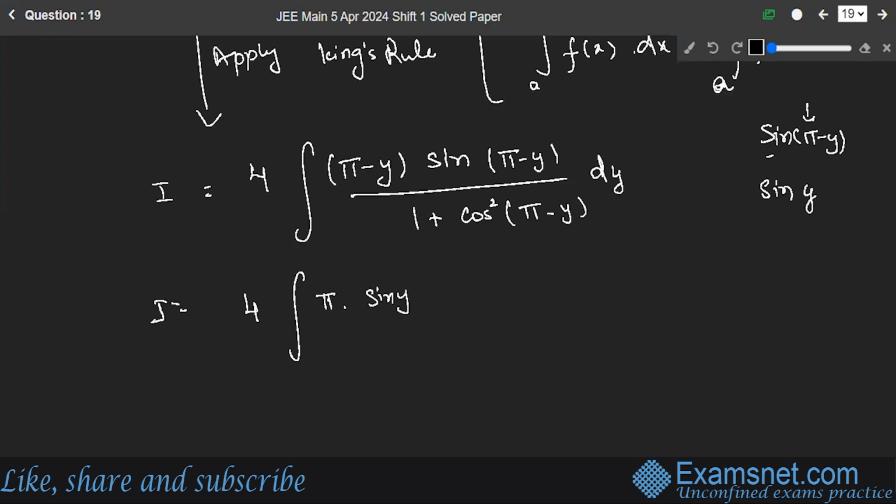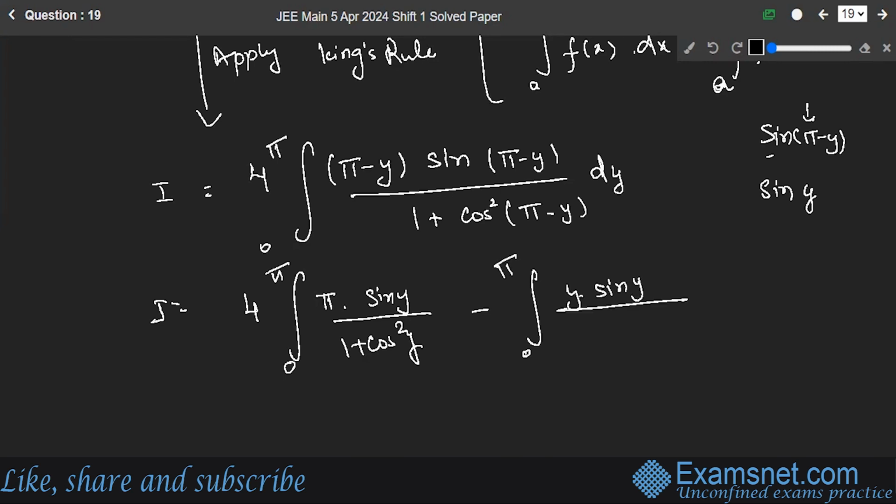This is sine y upon 1 plus cos of pi minus y, which gives me minus cos of y. Now, because of the square, it will be positive only. Correct? And here you have minus integral 0 to pi, the limits were 0 to pi, y into sine y upon 1 plus cos square y into dy.